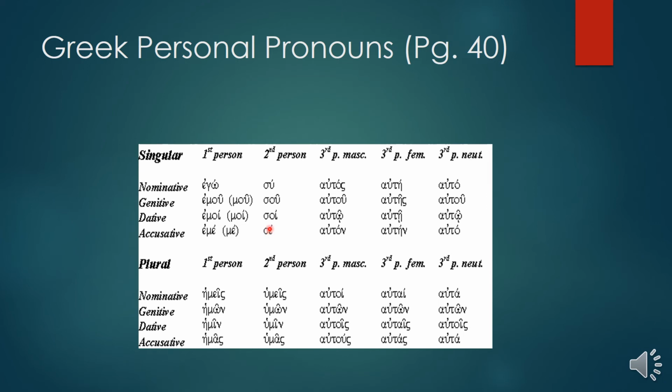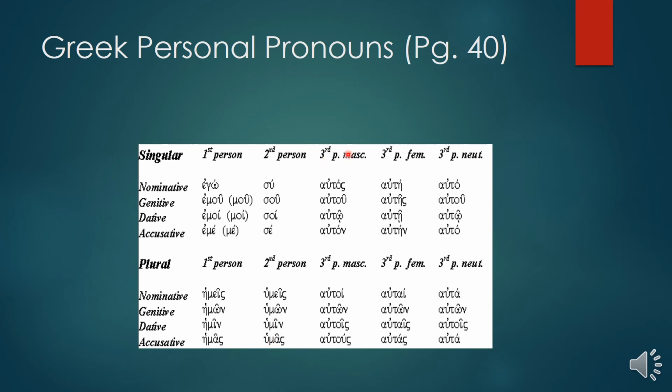For the plural second person, you is humeis. You, meaning more than one of you, ate the apple. Plural genitive is humon, of you. Humin is to you, in you, plural, and humas is you as the direct object.